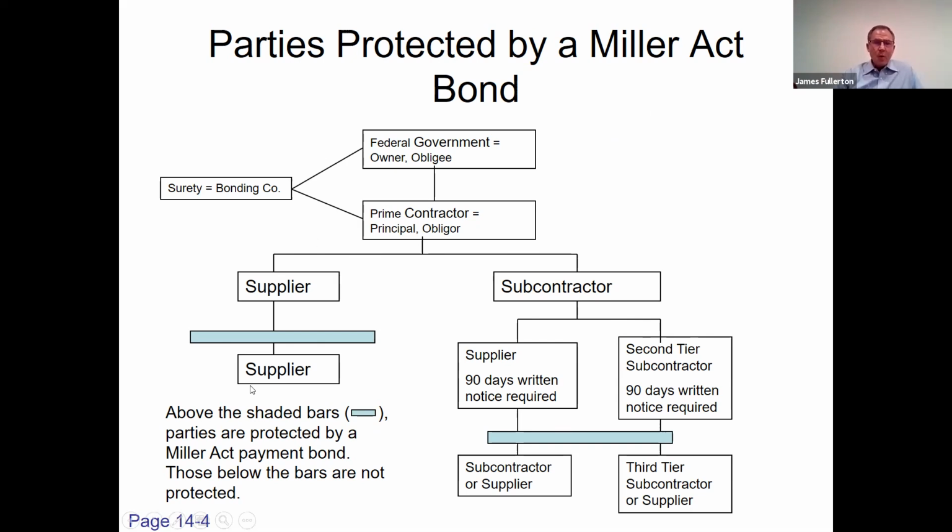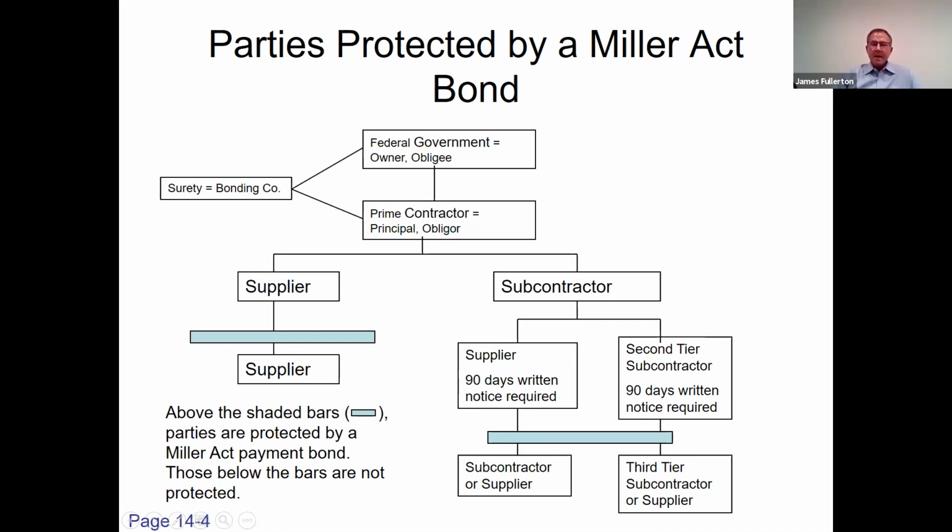One of the main points of this chart is that a supplier to a supplier does not have bond rights on a federal project, even though this supplier is at the same tier, a second tier supplier. The way the Miller Act is worded, it says that the bond shall ensure payment to any claimant who has a contract with the prime contractor or a subcontractor of the prime.